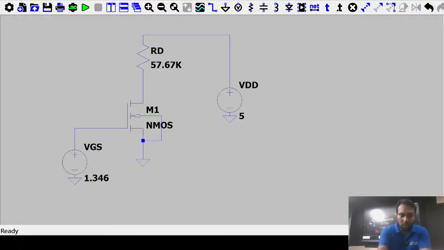I assume it, so I am writing 50 micro here, and lambda is equal to 0. I am assuming lambda is 0, and gamma is one of the factors. I am just assuming that gamma is 0. Just like lambda, you have a parameter, you have a gamma also.